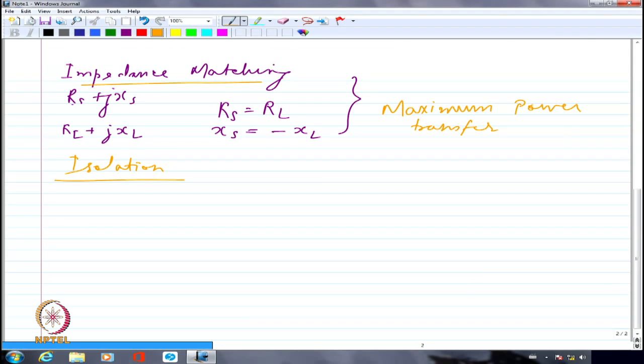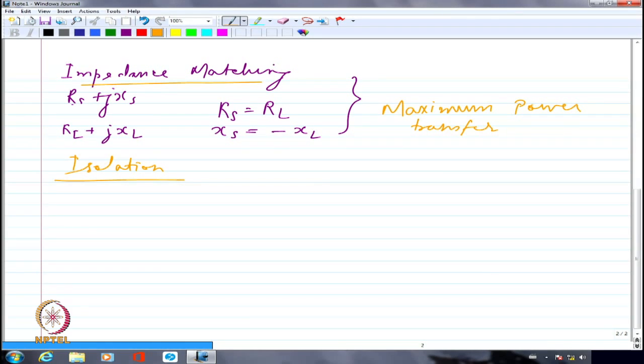So earthing or grounding, what you do for a high voltage source will be separated from the low voltage side with the help of transformer, because the transformer does not have any direct electrical connection. It is coupled only by electromagnetic induction. It is only magnetic coupling.